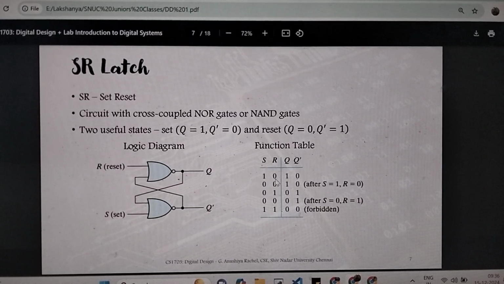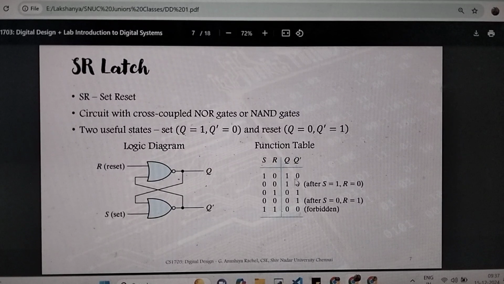So when I give S equals 1, R equals 0, irrespective of what my previous state was, the next state would be Q 1, Q bar 0 in the NOR implementation of an SR latch. So I would like to repeat that. When S equals 1, R equals 0, in the NOR gate version of an SR latch, irrespective of what the previous state was, the next state becomes Q 1, Q bar 0.